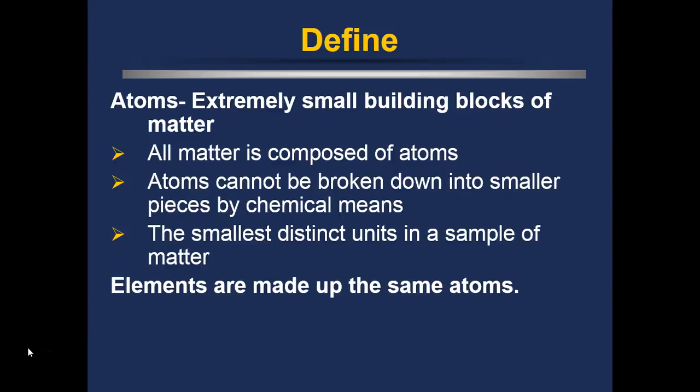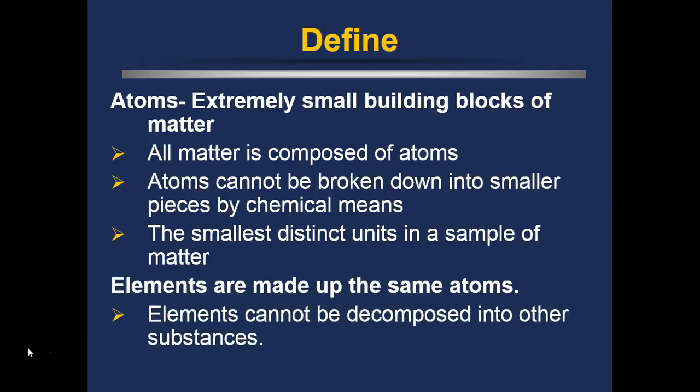So atoms come in different sizes. The particles that make up the atom come in different numbers for each particular type of element. So when you have an atom that has a certain number of the particles that make it up, then we say that atom is distinct to this particular element. And an element is anything we can find on our periodic table.